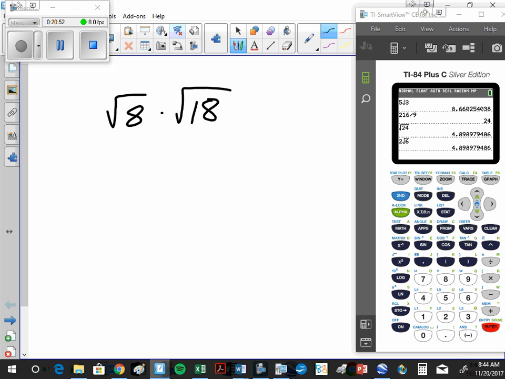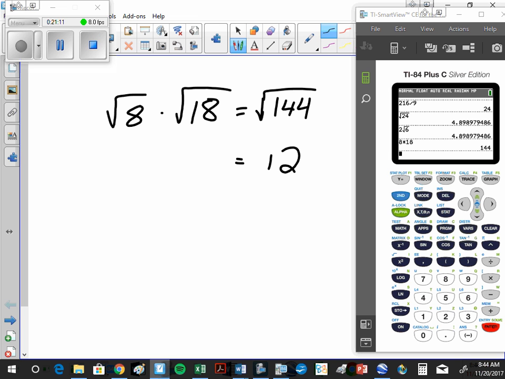Well, it's just the square root of 8 times 18, which is 144. What is the square root of 144? 12. If I have one square root multiplied by another square root, then the stuff on the inside just multiplies together, and then I can simplify it to 12.